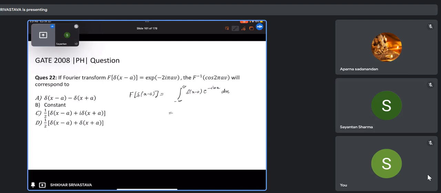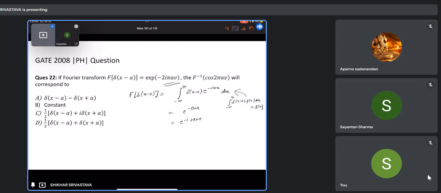So your function is exponential, so you just replace x with a. We will just get exponential minus I omega a, and you can write this as 2 pi a nu. So this is what they have given in the question.